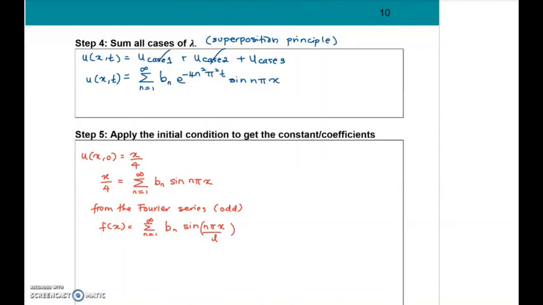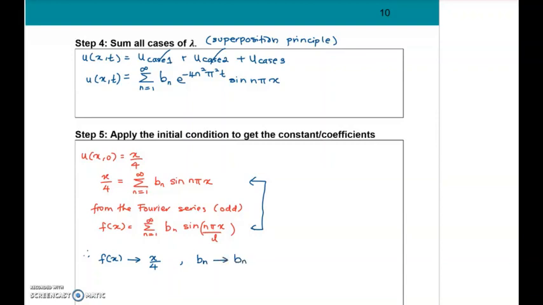Therefore, by mapping these two, we know that f(x) is mapped to x over 4. And the Bn in the Fourier series is also the Bn in our solution.